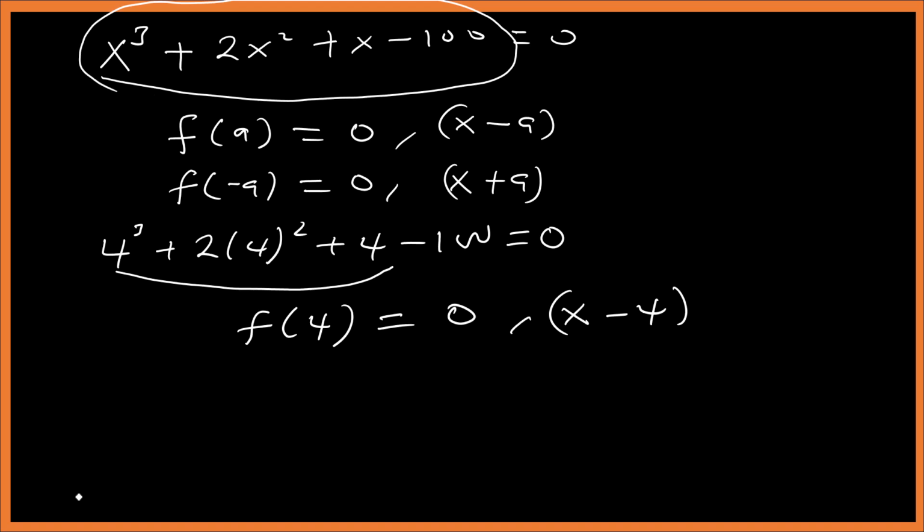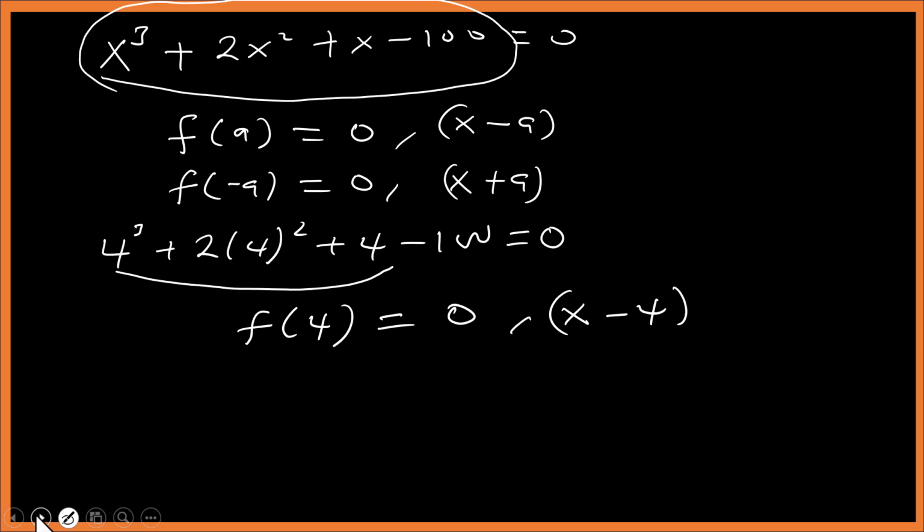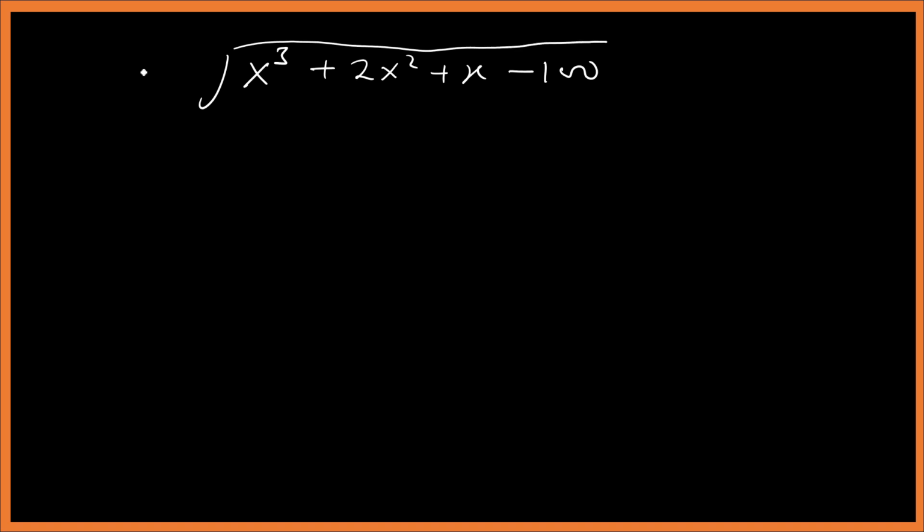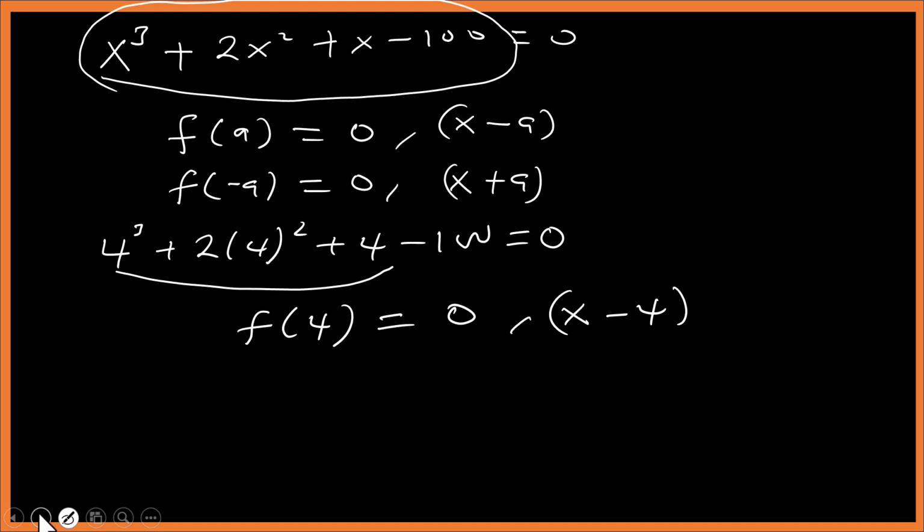So we have x cubed plus 2x squared plus x minus 100 divided by x minus 4. Let's confirm. Good, x minus 4.